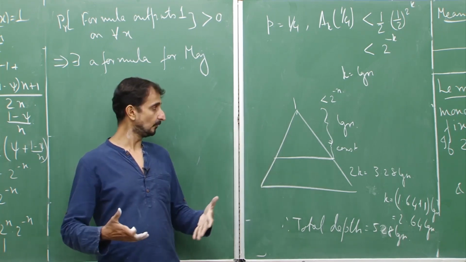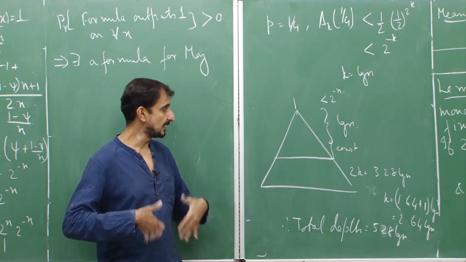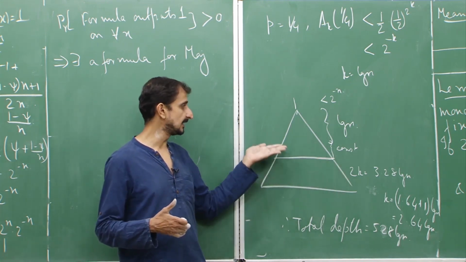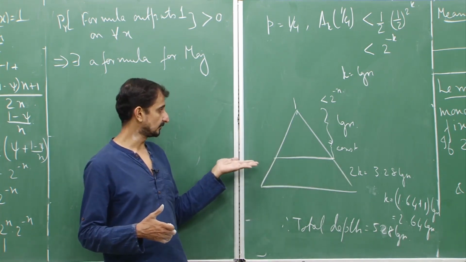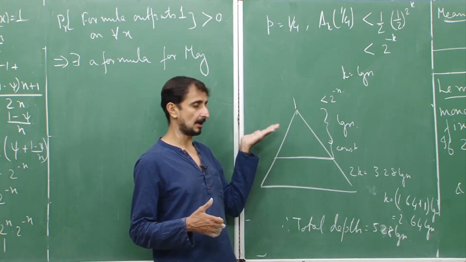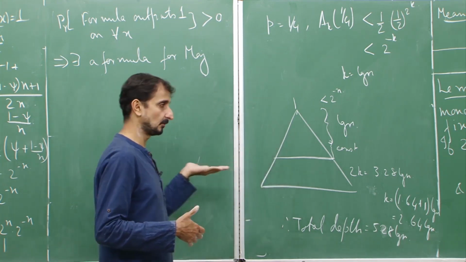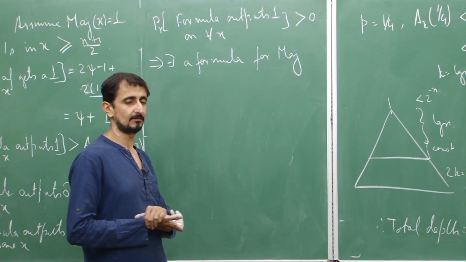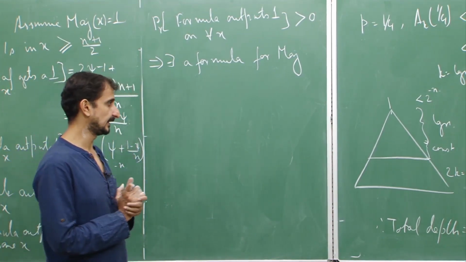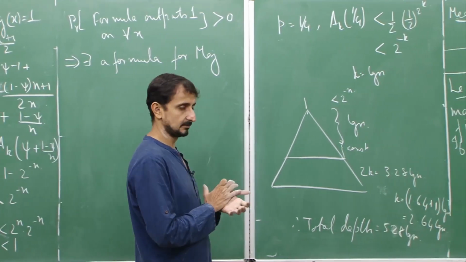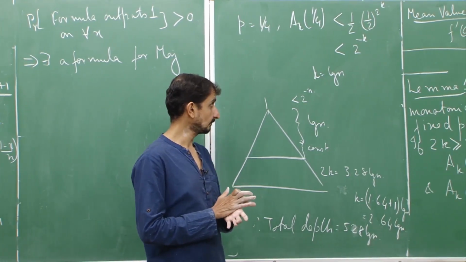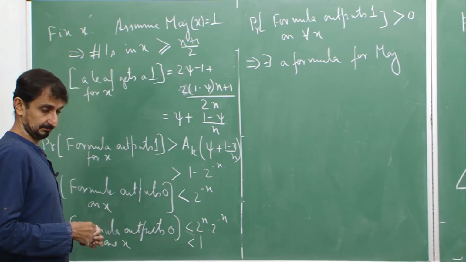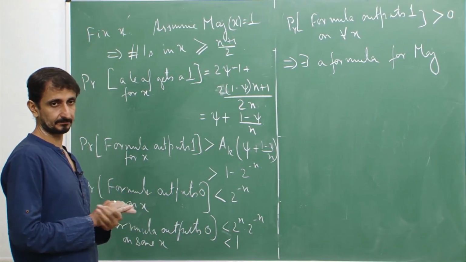So, to be able to argue, we use this amplification function, and we show that at each level the probability gets amplified. Okay. The probability that it outputs the correct value. So, finally, the probability that I get the correct value is something that is positive. Okay. So, that is all. So, any questions?